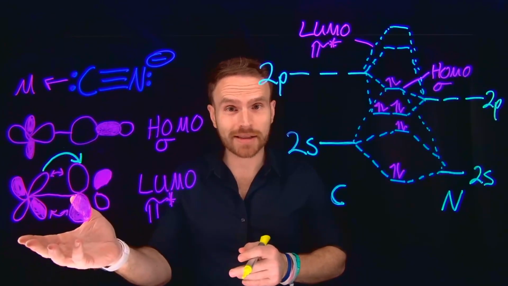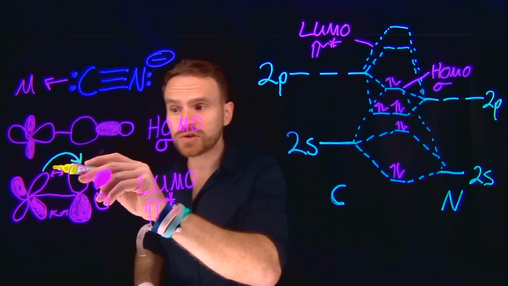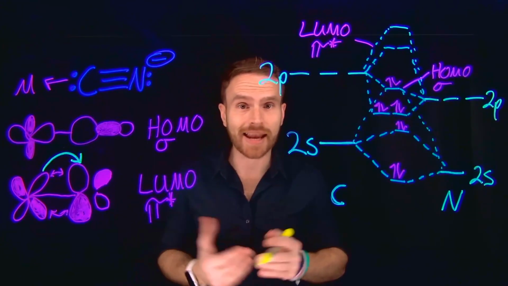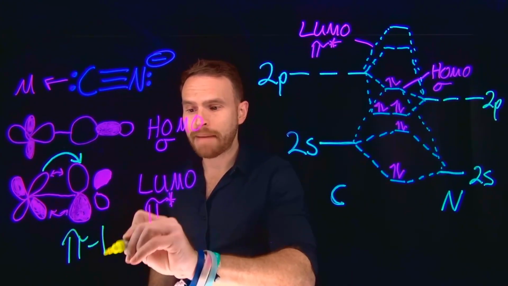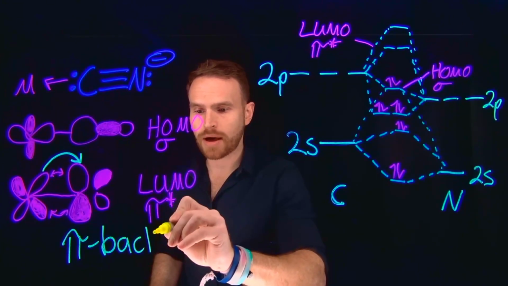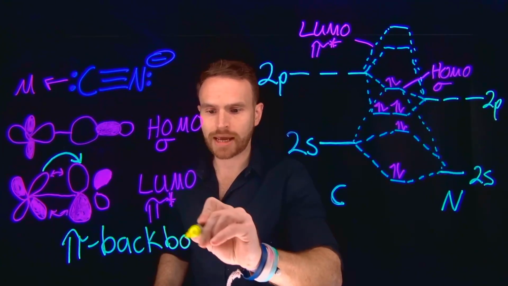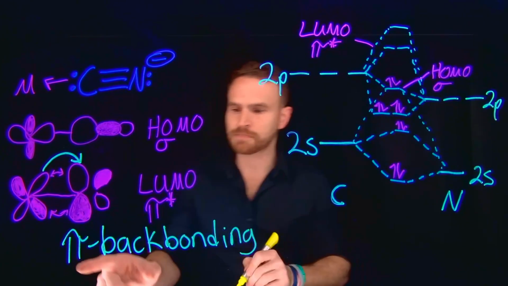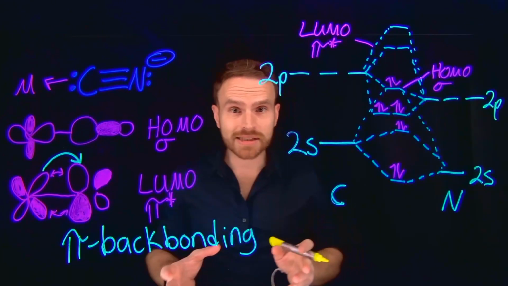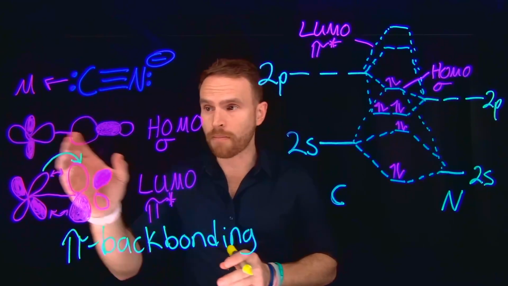And if the metal has electrons in its d orbital, it can use those to back donate into that empty pi star orbital. And again, this is known as pi backbonding. So anytime you have metal electrons that donate back to the ligand in a pi interaction, that is known as pi backbonding. And we need to consider what this means for our metal and our ligand.